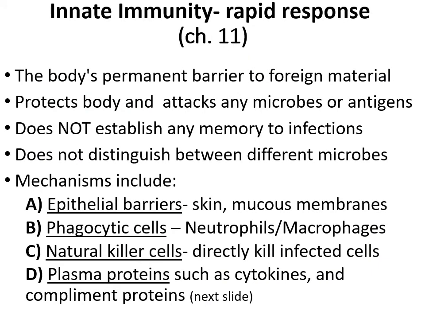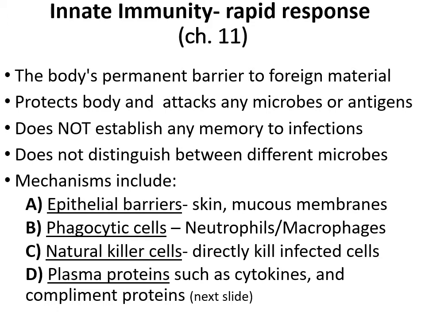Okay, so the innate immune system, the very rapid response. We spent some time talking about this in the last module because inflammation is definitely part of the innate immunity, right? So it's really the body's permanent barrier to foreign material.